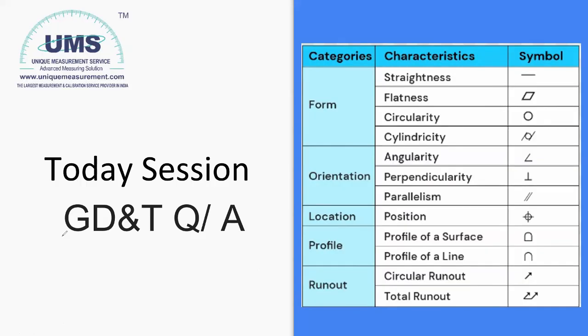In a feature control frame, the third, fourth, and fifth compartments are important for us. Whatever comes in the third compartment should be the first feature for alignment. The fourth compartment has the second datum, which is the second feature important for alignment. And the fifth compartment has the tertiary datum, the third datum. That should be the third surface you have to take for alignment.